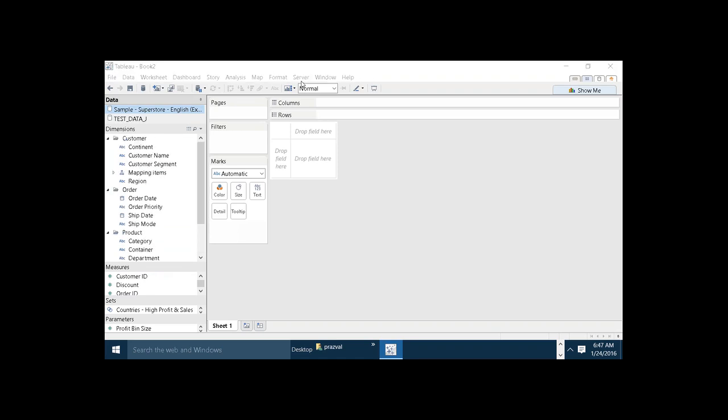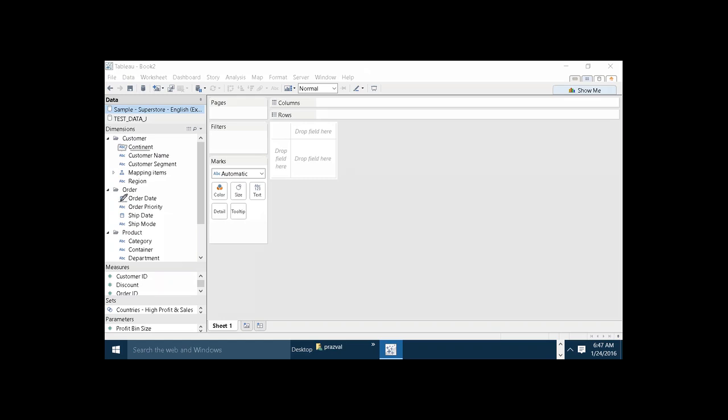How can we identify the data types here? Here we see one field known as continent. This continent is prefixed with ABC. ABC means it has textual data. And the order date is prefixed with a calendar, which means it is of type date.